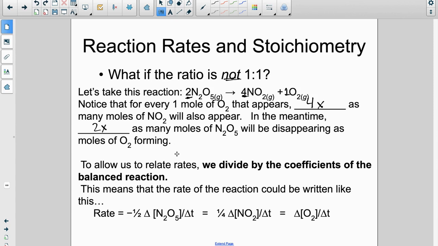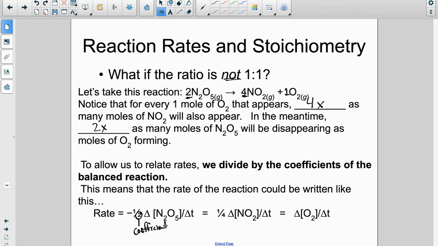So right now the stoichiometry is not 1-to-1. We can't just say the rate of one is the same as the rate of the other. So to relate these rates, we divide by the coefficients of the balanced reaction. The way we relate these rates to each other is by taking 1 over the coefficient and putting that as a fraction in front of the rate.